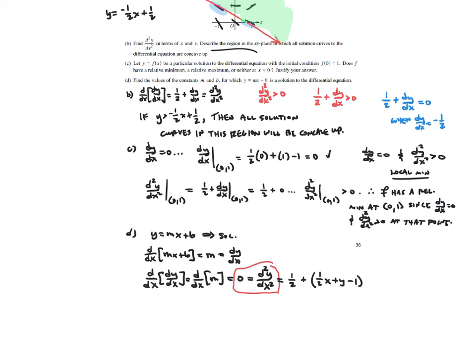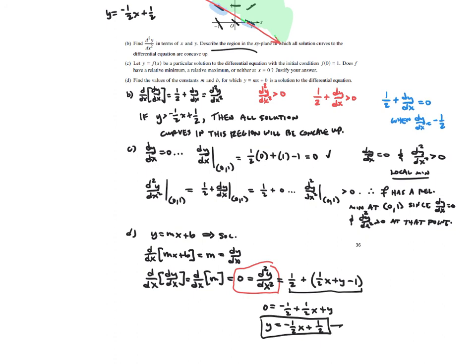What I can do is set 0 equal to this expression. And now I'm going to be able to find the linear equation. Okay, so I'm going to add half and negative 1. That's negative half plus half x plus y. And therefore I can solve for y. Y would equal negative half x plus a half.